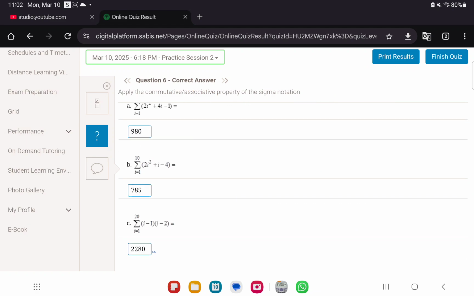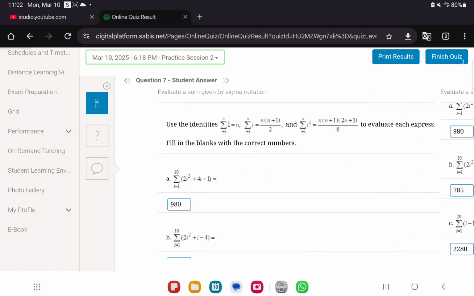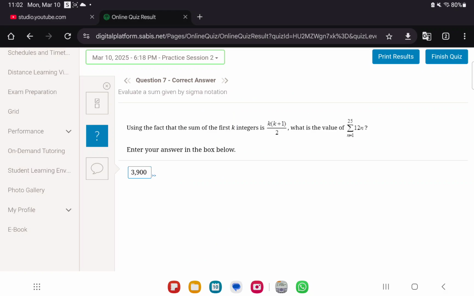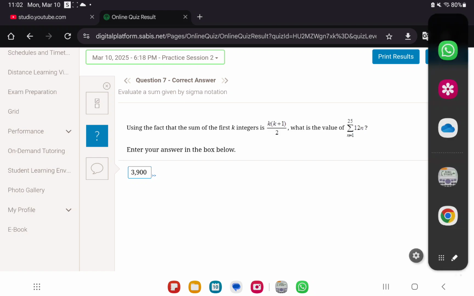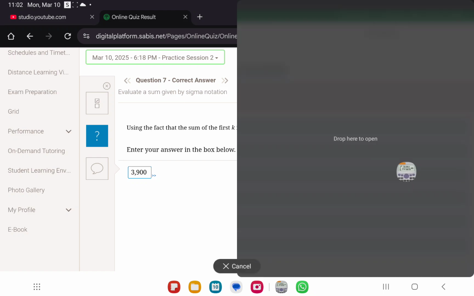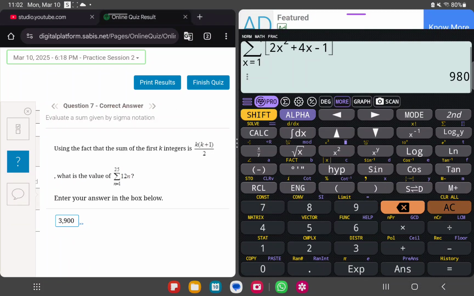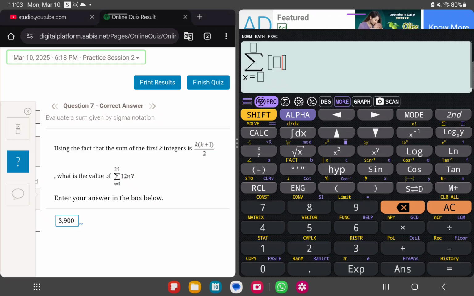I know it's very confusing, but this is what's going to get you the right answer, and there's no other way. Not even the calculator can save you this time. Now this one we can actually use the calculator. So let me bring out the calculator again. Shift.